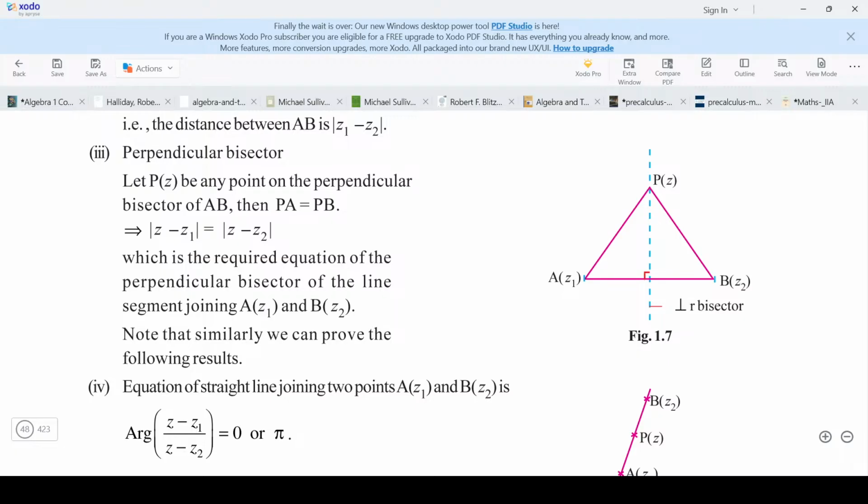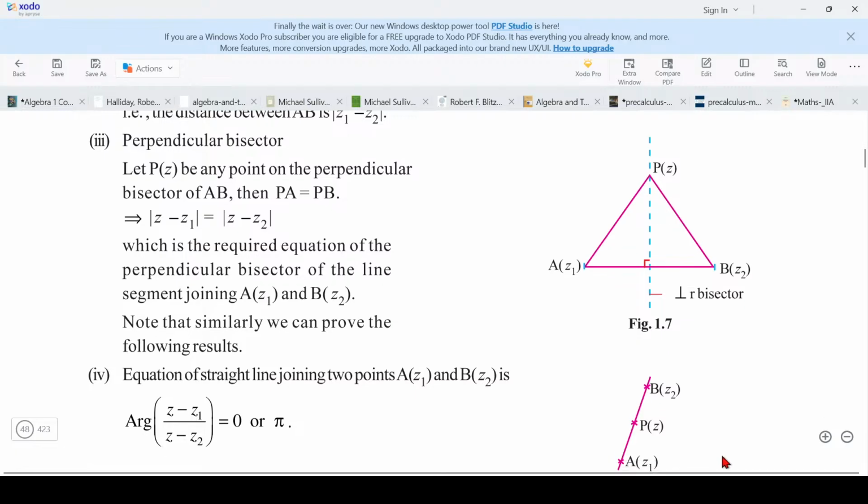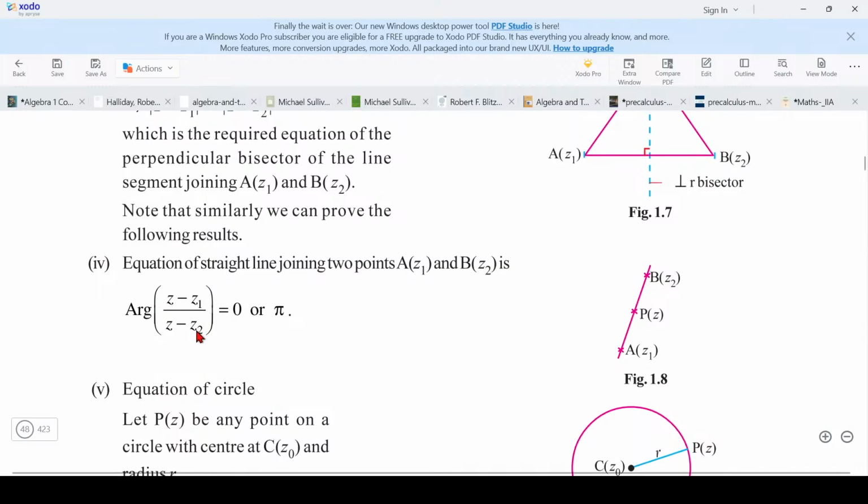Okay, sir. Okay. Now, there is some Z1, there is some Z2. The line connecting Z minus Z1, Z minus Z1 means what? That is this one, right? Z minus Z1 is this one, and Z minus Z2 is this one.